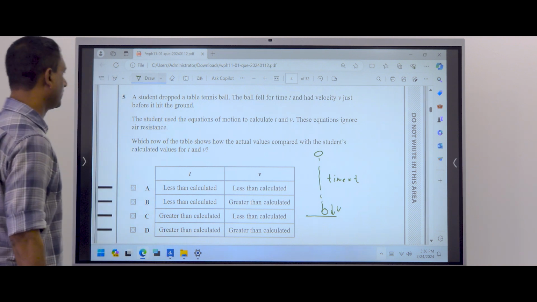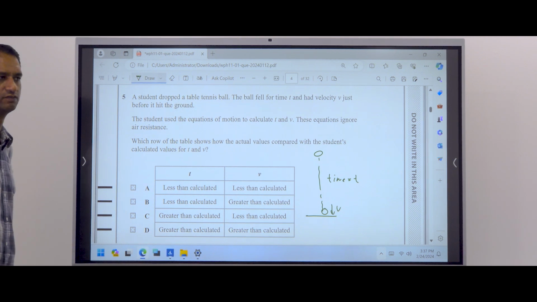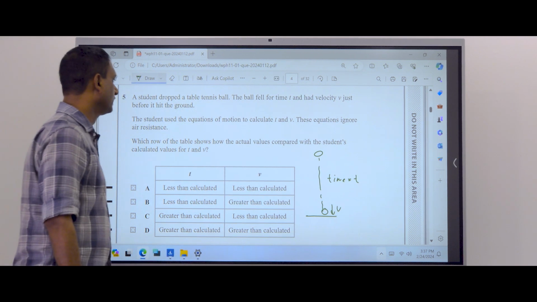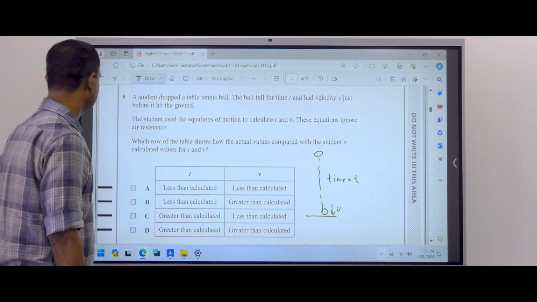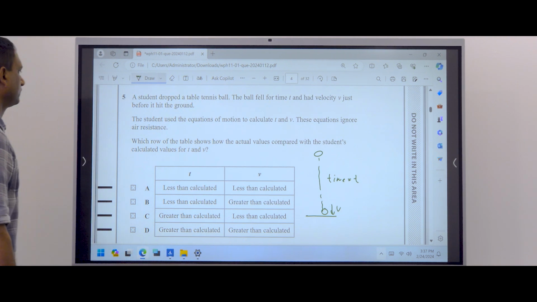These equations ignore air resistance. Without air resistance, the student calculated. Which row of the table shows how the actual values compared with the student's calculated value?